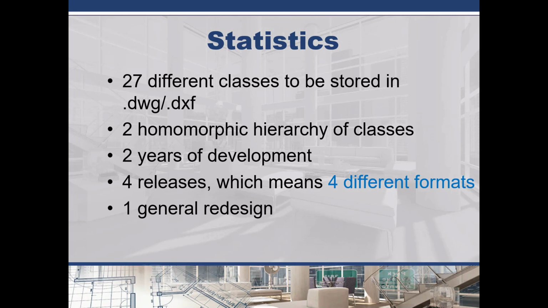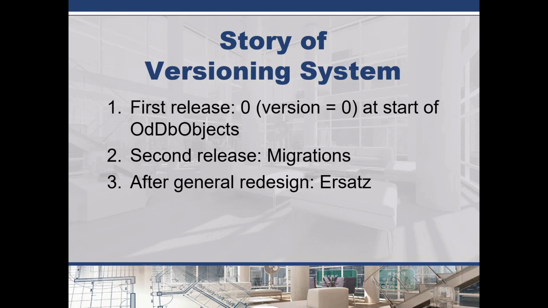Only 3 of them are ODDB objects, others are their members, members of members, members of members of members, etc. So we have a complicated structural hierarchy of objects where ODDB objects are entry points for the input-output functions. Before the first release, we started thinking about potential versioning problems, so we added a version counter equal to 0 at the start of all our ODDB objects.